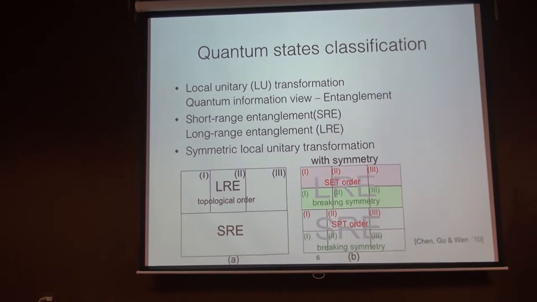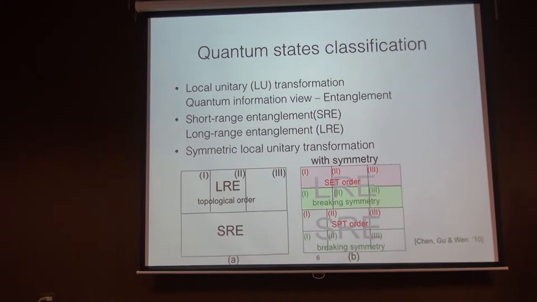That means when we apply the local unitary transformation, we can remove the short-range entanglement. So the short-range entanglement means if we apply the local unitary transformation, then the original wave function will flow to a product state. And another part is the long-range entanglement, or what we call the topological order phase.